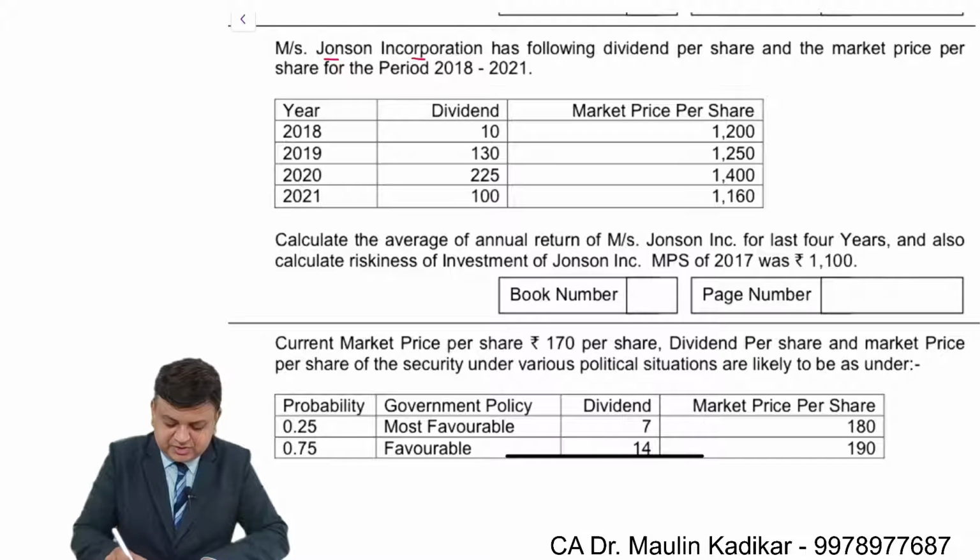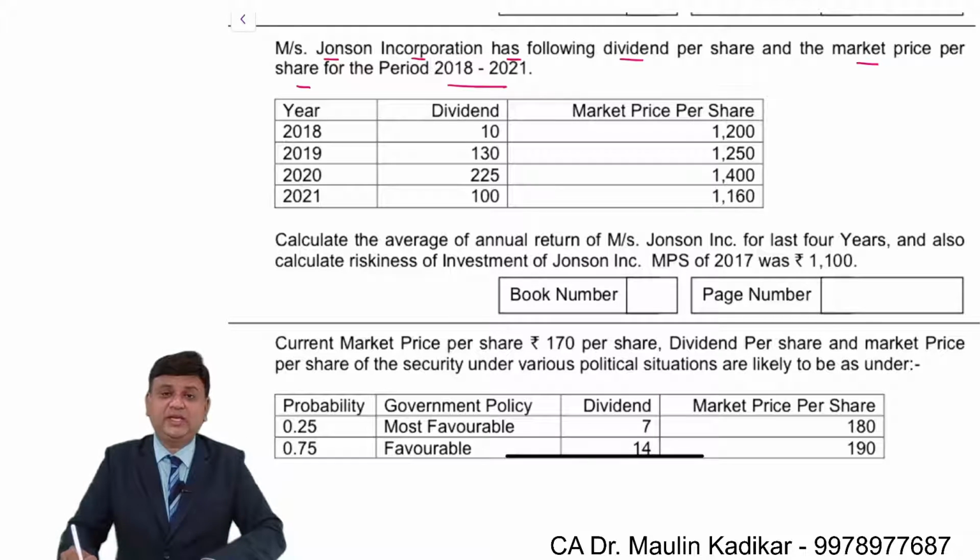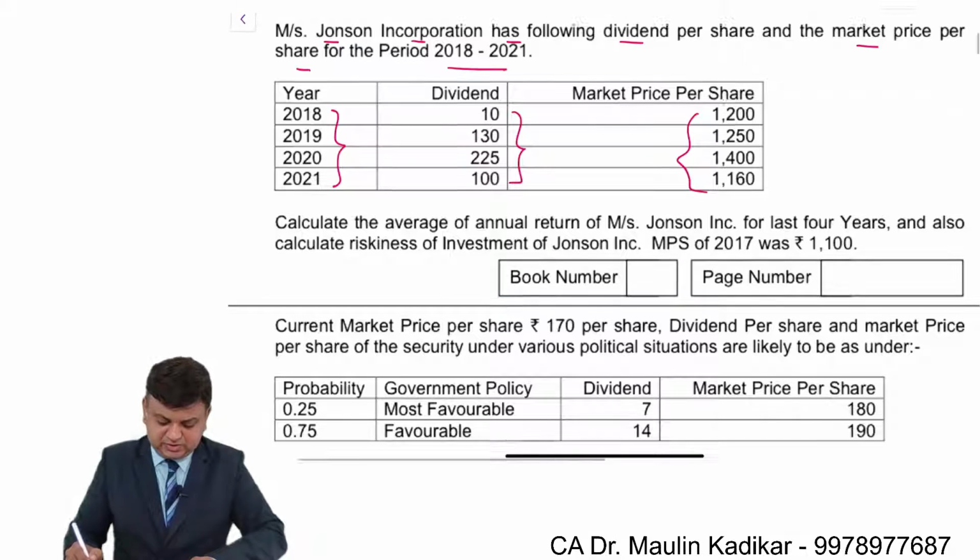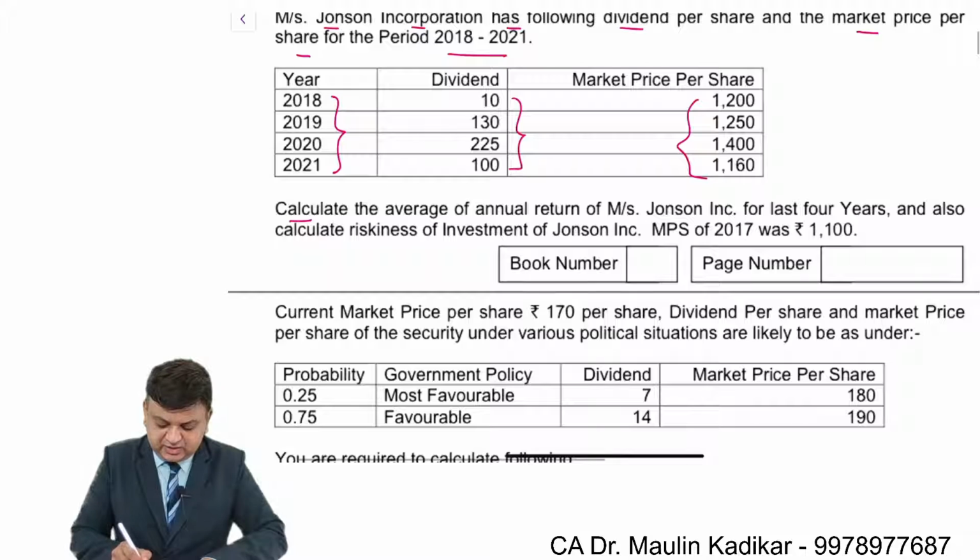Messrs. Johnson Incorporation has the following dividend per share and market price per share for the period 2018 to 2021. During this time period, the dividend is provided to us, the market price is provided to us. Calculate the average of annual return. Average is required to be found for the annual return of Messrs.